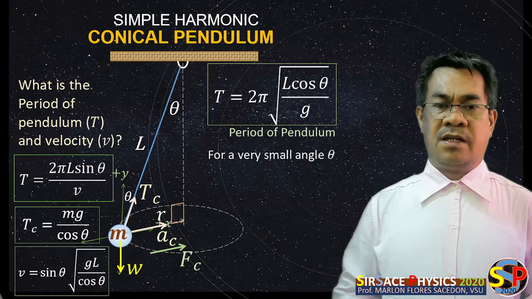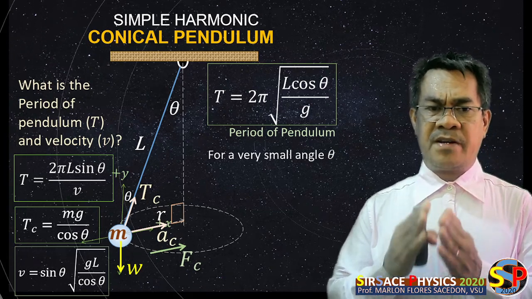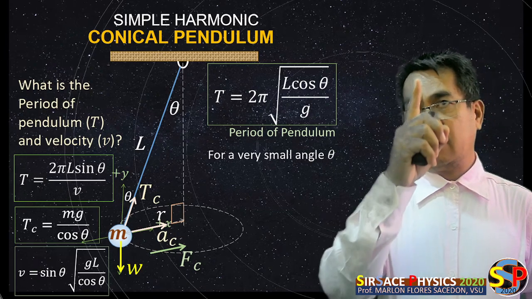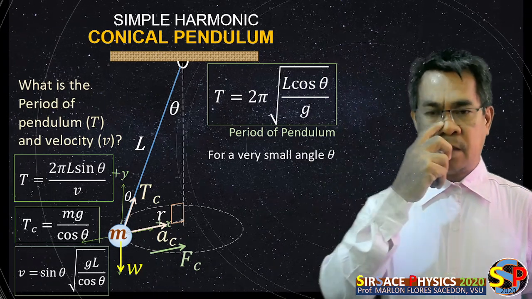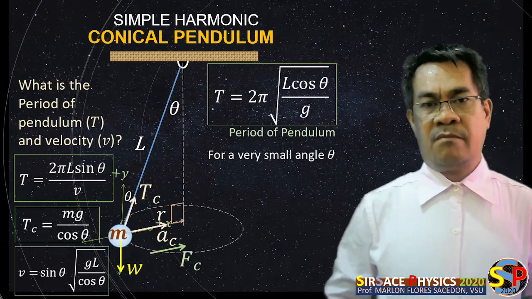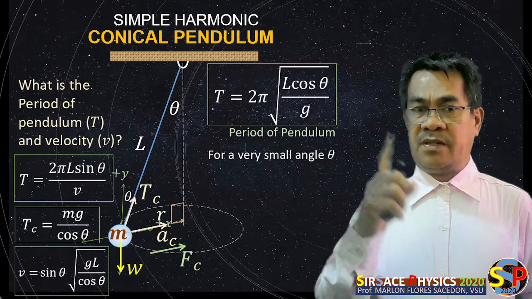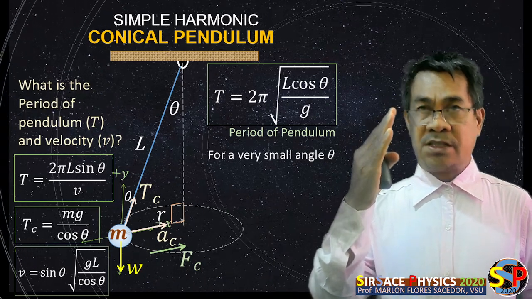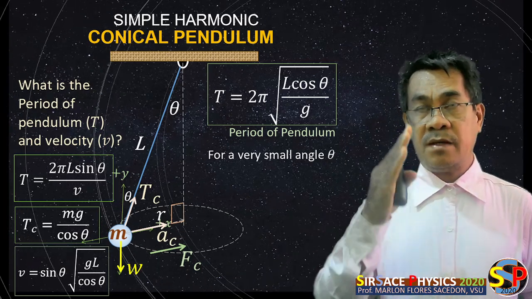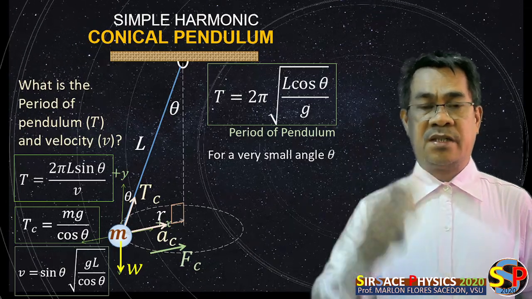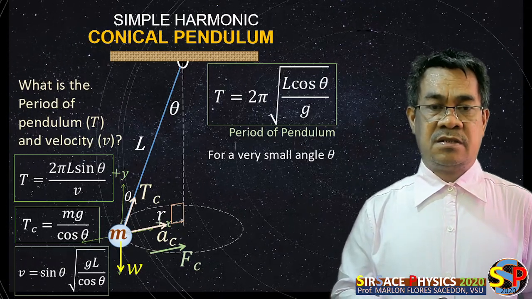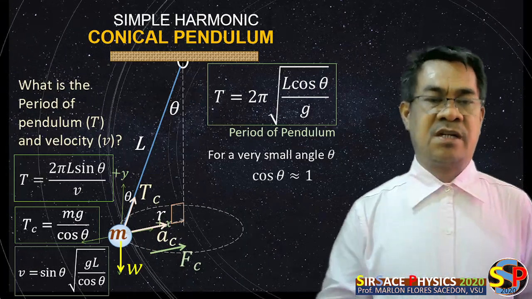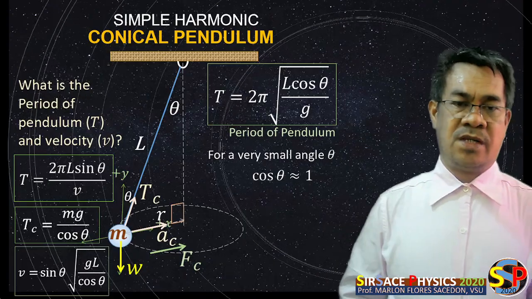Okay, now, if we consider a very, very small angle, remember the amplitude angle is the angle from the vertical towards the length of the pendulum. Now, if that angle is very small, meaning if it is more or less between 0 to 10 degrees of the amplitude angle, the cosine of that angle is approximately equal to 1.